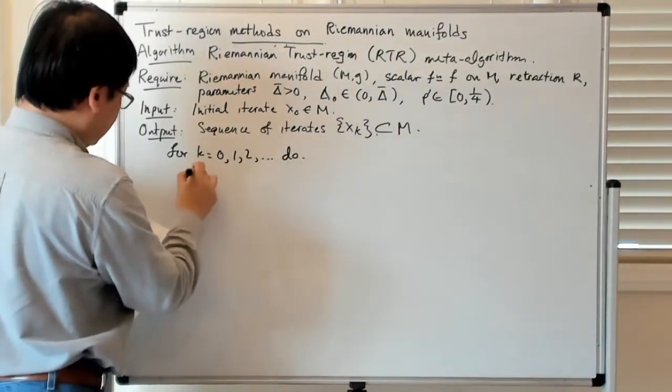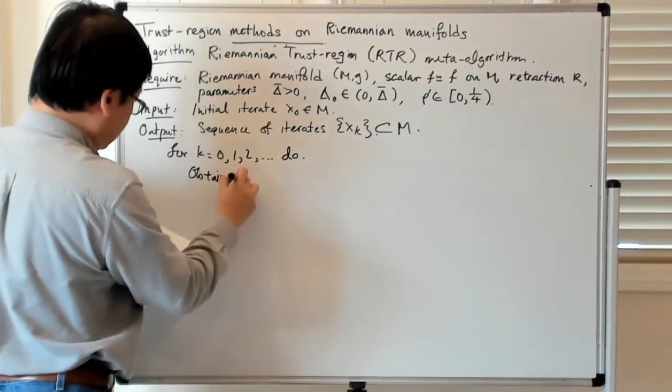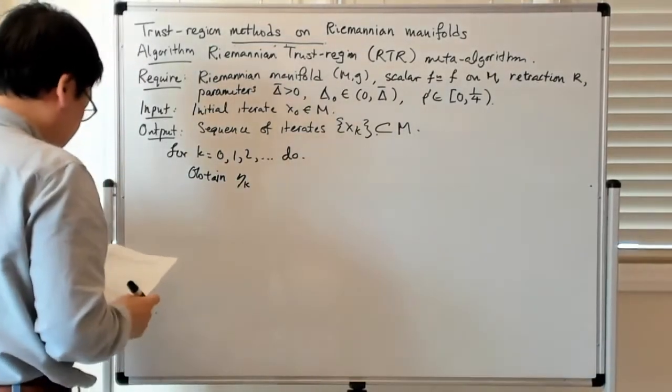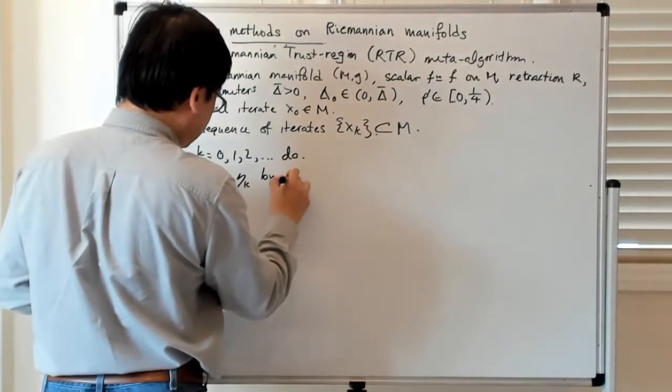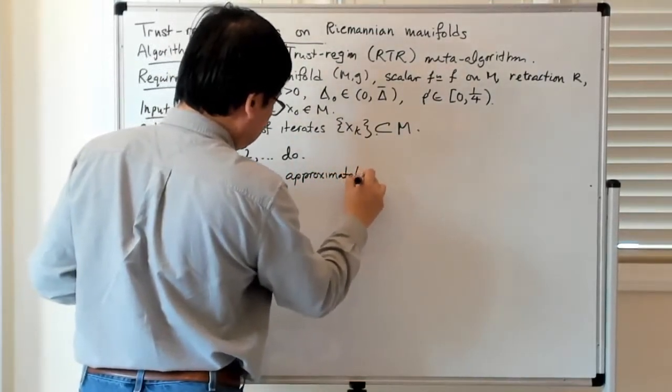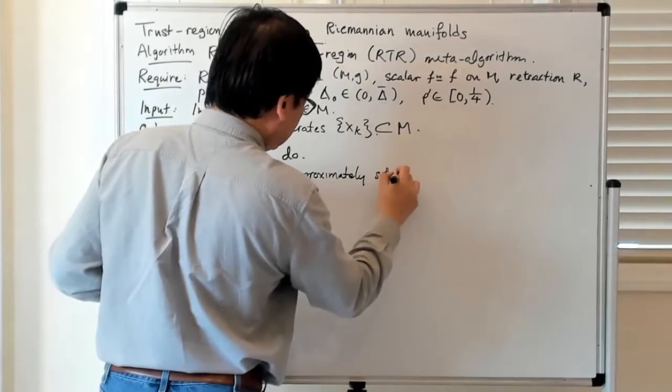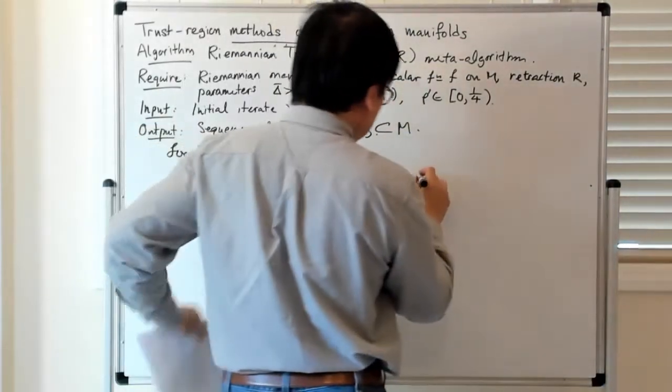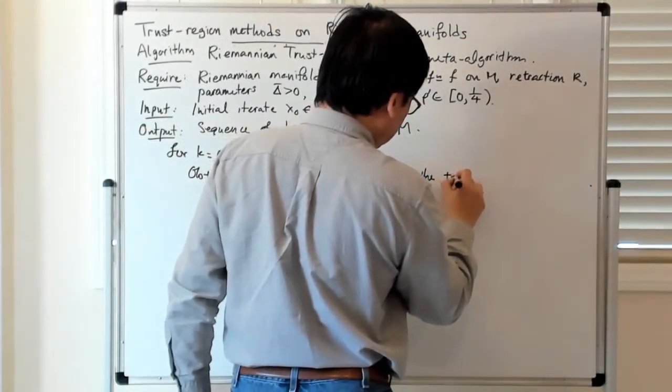So you obtain eta k by approximately solving the trust region subproblem.